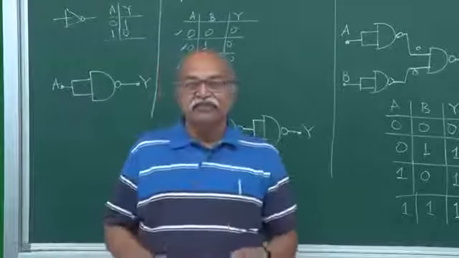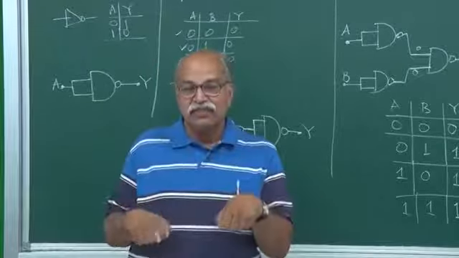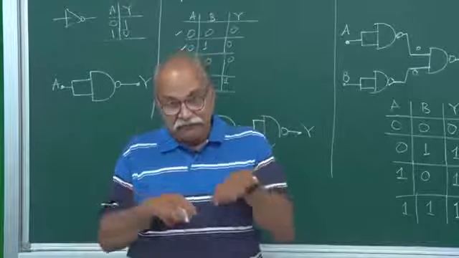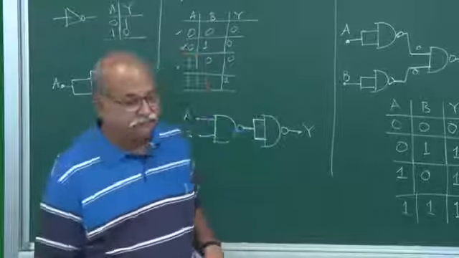So, today I will be trying to tell you the circuit which can be used for adding binary numbers. Okay. So, let me first draw the truth table and then see what kind of circuit will give those outputs.